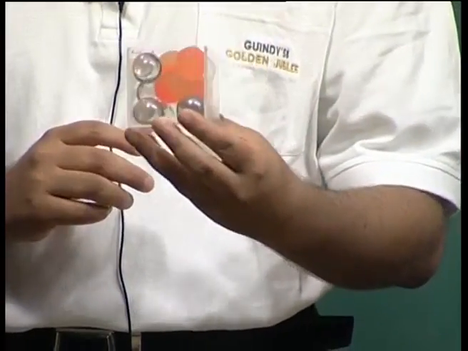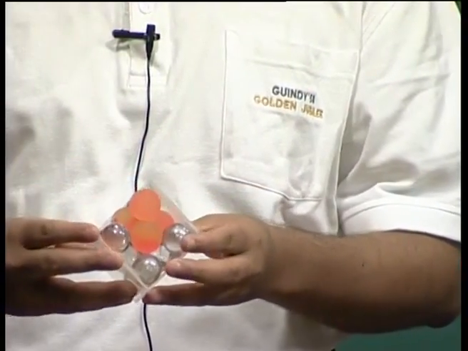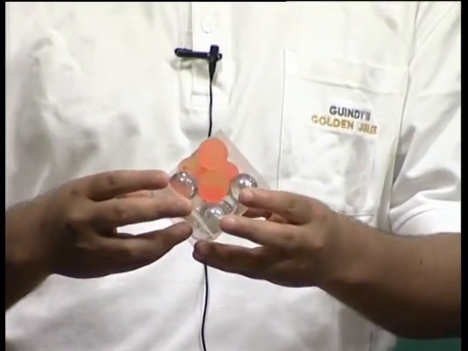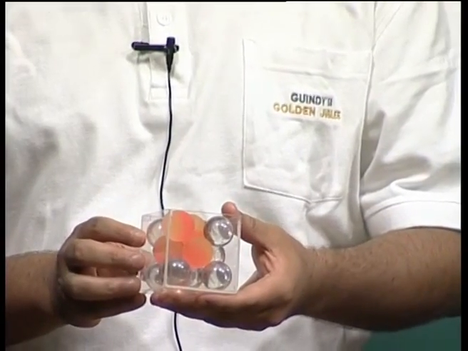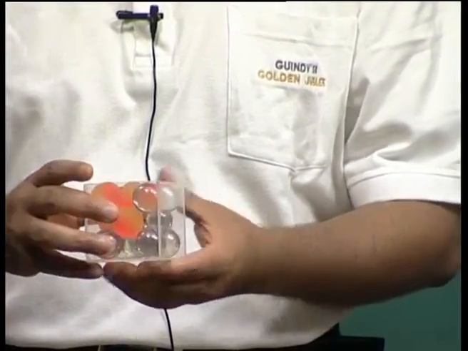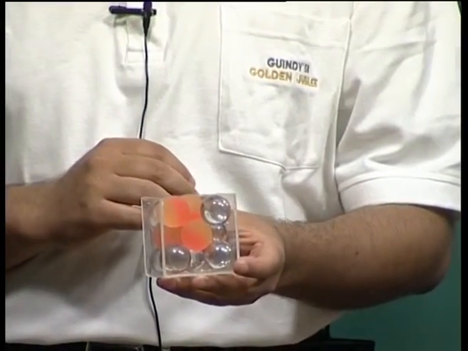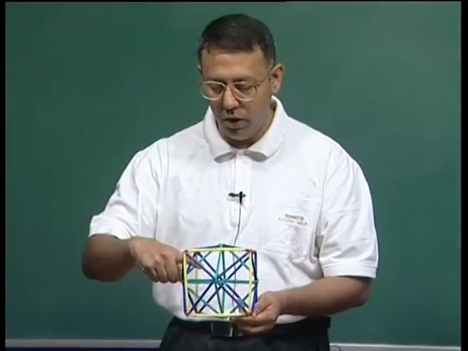That means the center of these 4 atoms is my seat of the tetrahedral void. We have to remember that all the spheres represent the same kind of atoms, and these 4 have been colored differently just to locate the position of the tetrahedral void. And if I have 1 here, then obviously each one of these vertices will also be a starting point of a tetrahedral void. So I will have 8 of them, as is seen from this other model, the wireframe model. So I have 1 tetrahedral void center here.